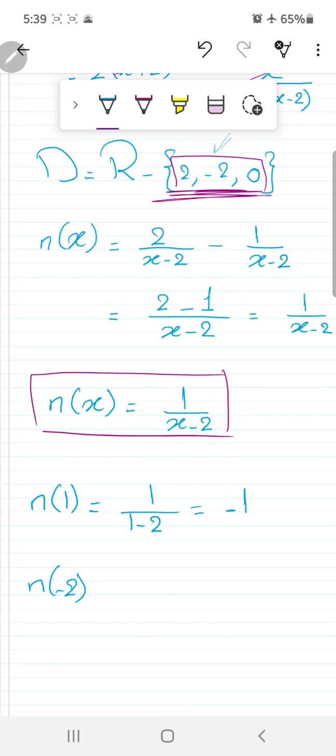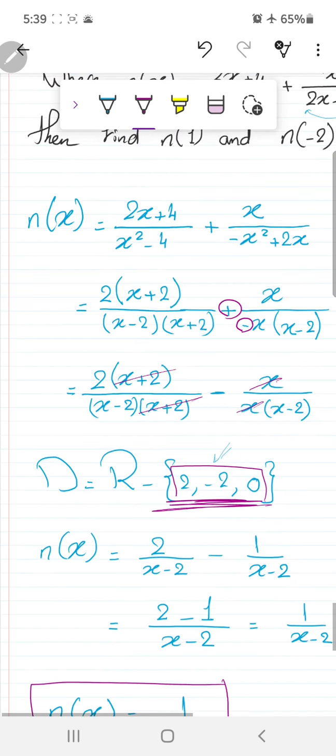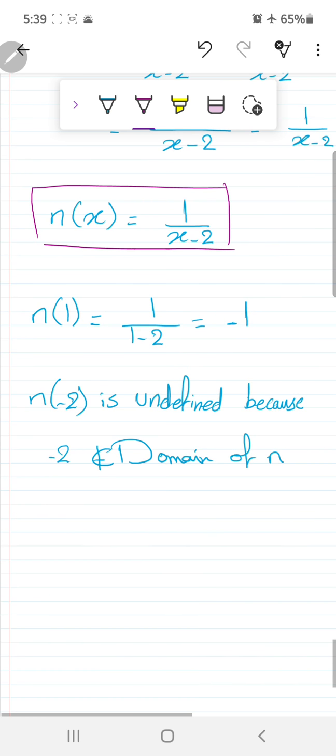So n of negative 2 is undefined. Why? Because negative 2 does not belong to the domain of n. Okay? Thank you.